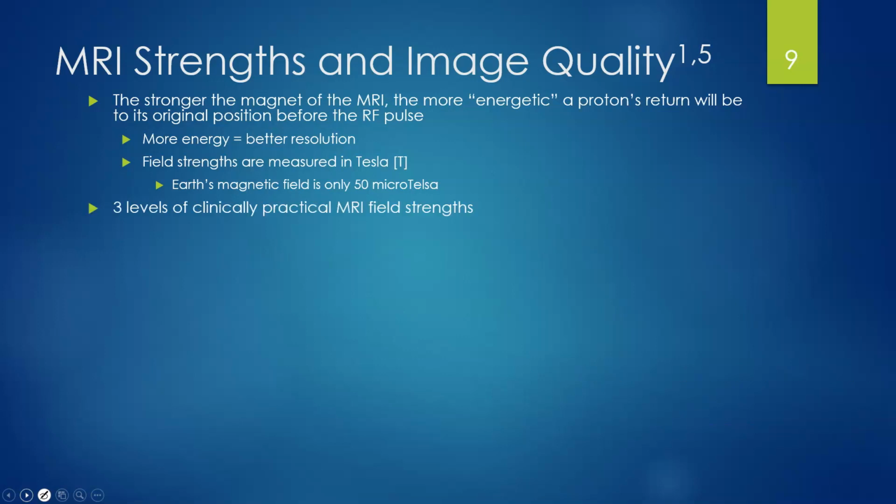So fundamentally, we have three levels of MRI strengths that are practical for routine use on patients. Starting at the bottom, we have our 0.3 to 1 Tesla MRIs. These are the typical strengths that we see in open MRIs, and we see this drop in comparison to other MRIs because we are giving the patient more freedom.